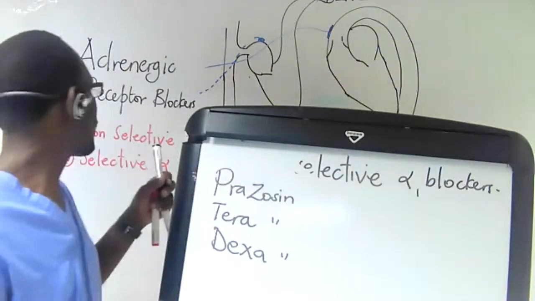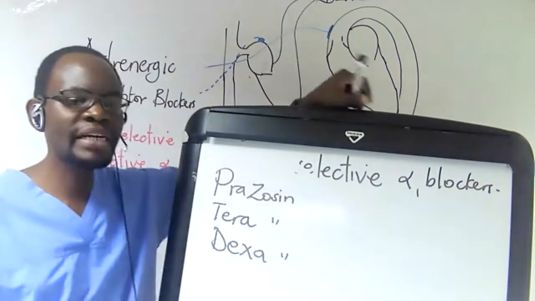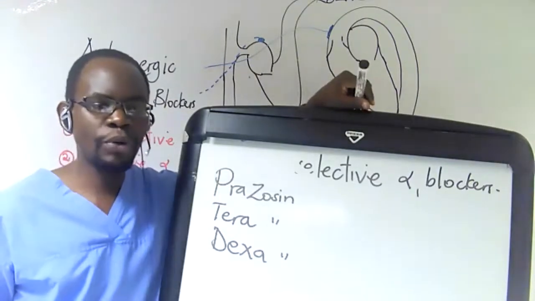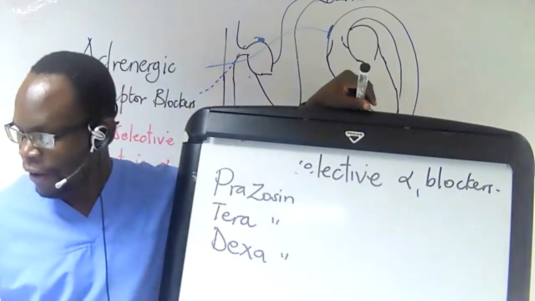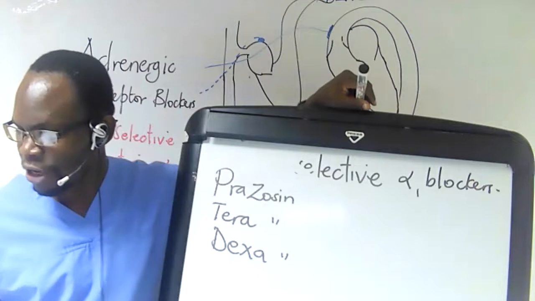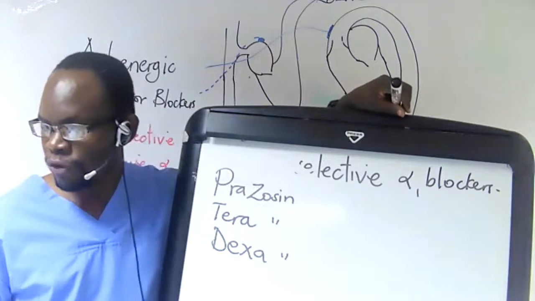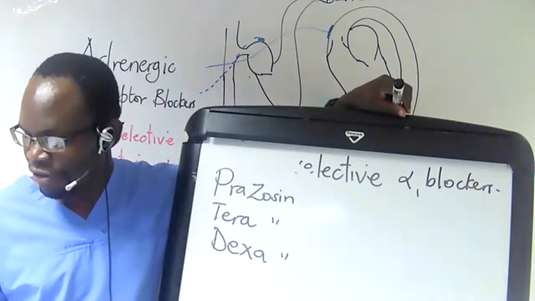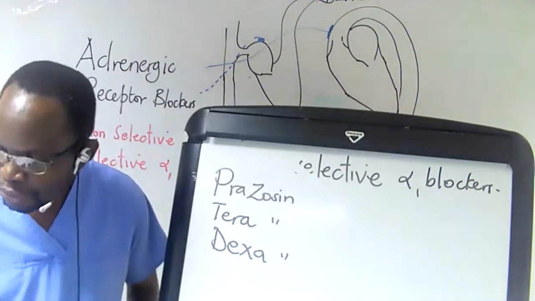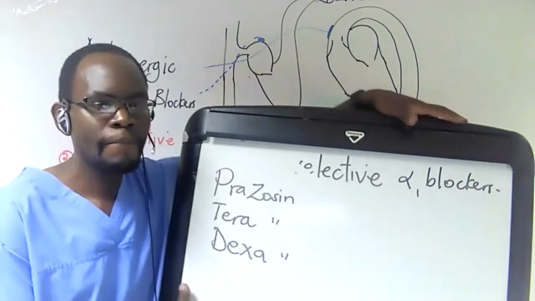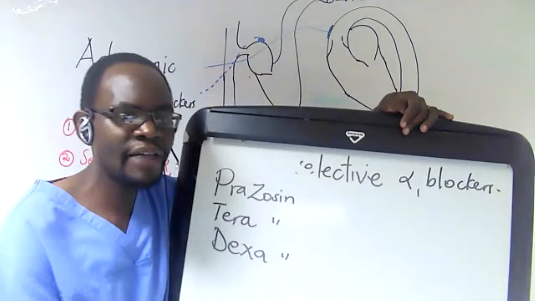Remember the first ones were the postganglionic sympathetic nerve ending blockers, of which we gave examples, and then the other category were the adrenergic receptor blockers. Among them we have the alpha blockers, where we have the non-selective and the selective.